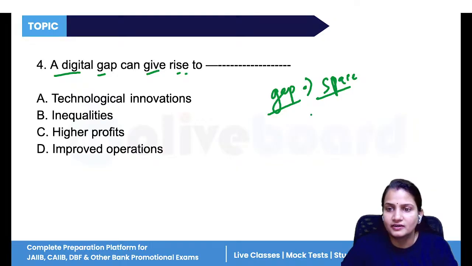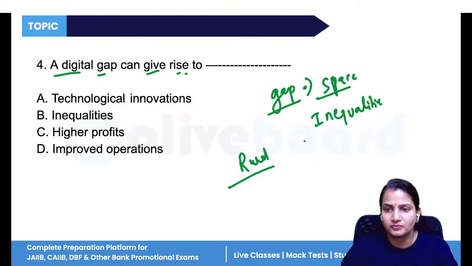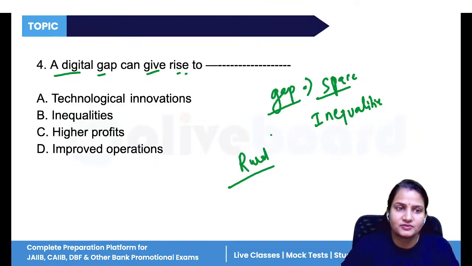So it happens because of inequalities. In rural areas, you have seen many people still don't know how to use the network, they don't know how to use WhatsApp. So this is just because of the digital gap. So digital gap can give rise to inequalities, or we can say digital divide. This is also one word.